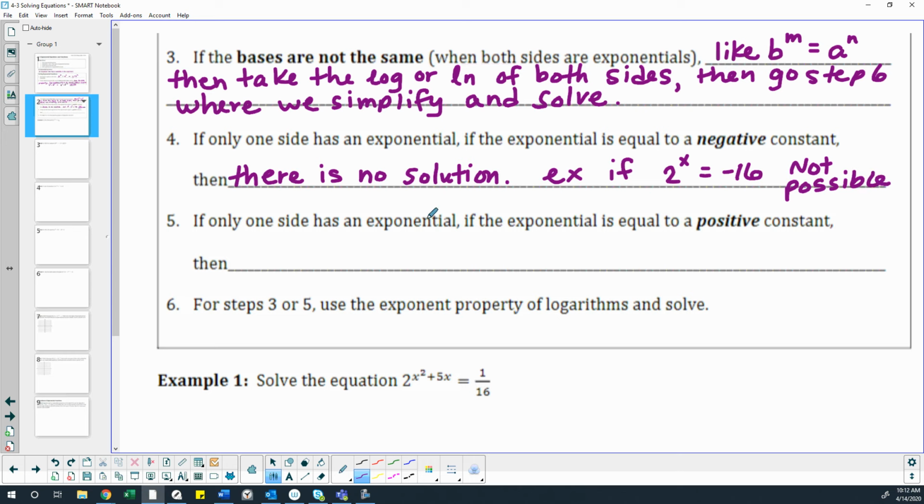If only one side has an exponential, and the exponential is equal to a positive constant, then we do the same thing we just did, which was take the log of each side. And then we're going to go to step 6.